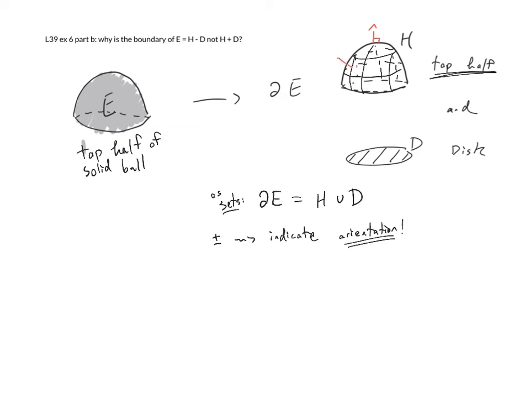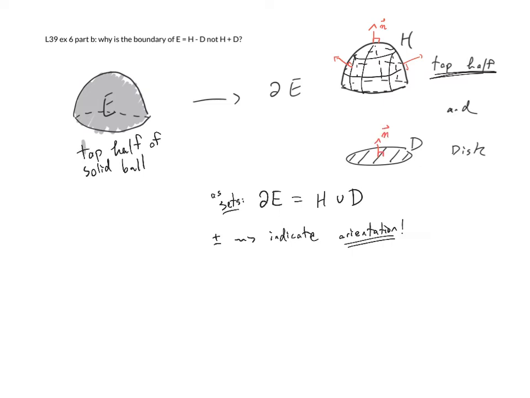That means if you're at a point here, it's coming out towards you. If you're at a point over here, it's going this way, right? But in general, all of these normal vectors have positive z components, because of how H is described. And for D, I also picked this positive choice of normal.